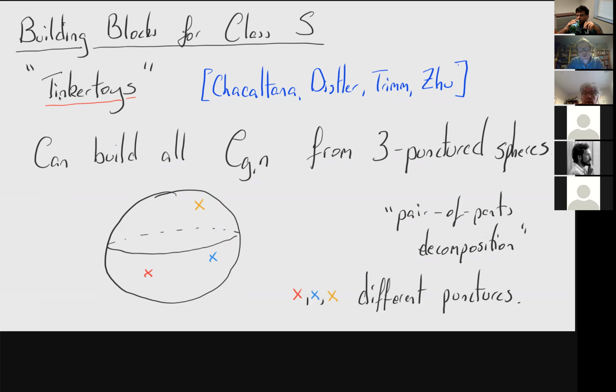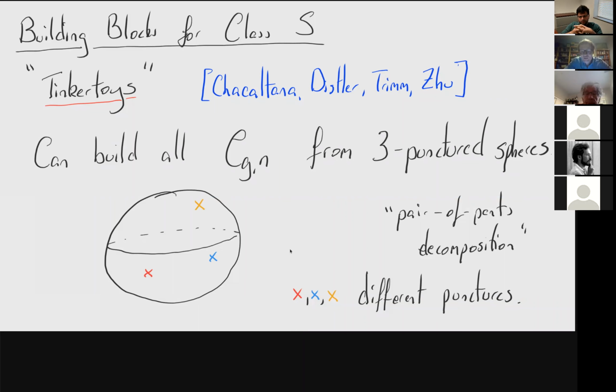These 3 punctured spheres go by the name of Tinker Toys, and have been studied in a lot of detail over the last 10 years or so by Chacaltana, Distler, Trimm, and Zhu in some different configurations. The key point here is that you can have different kinds of punctures.